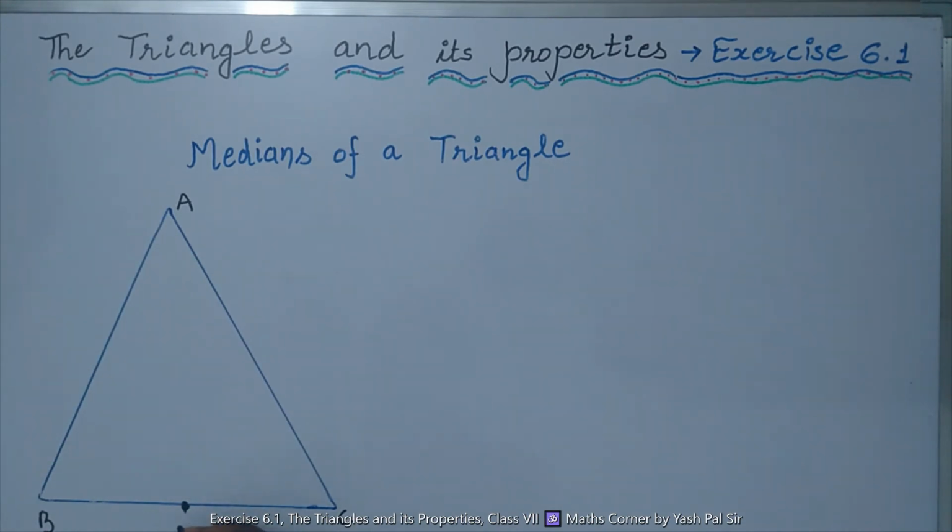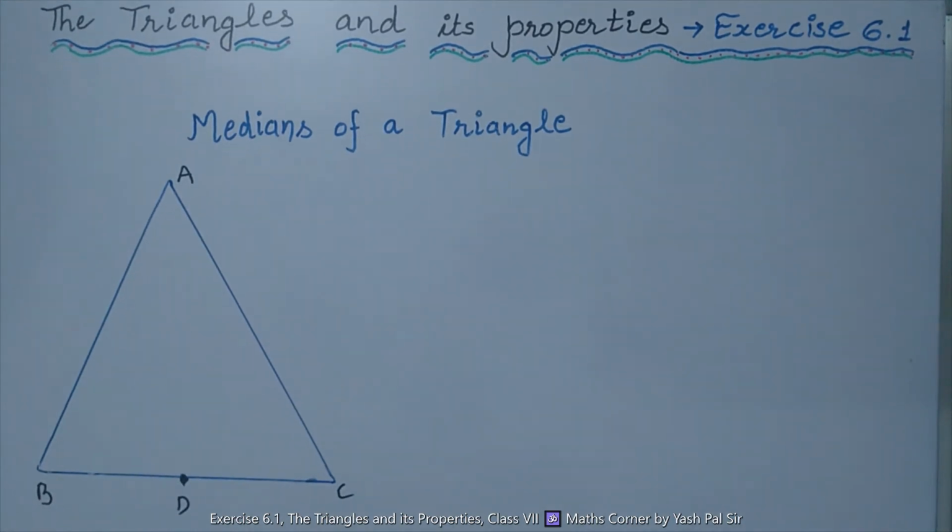We can name this midpoint as D. After A, B, C, the next point is D. Now opposite to this side, what is the vertex?